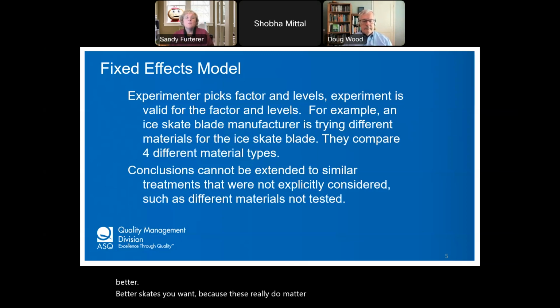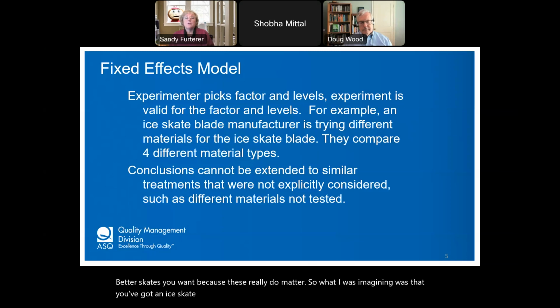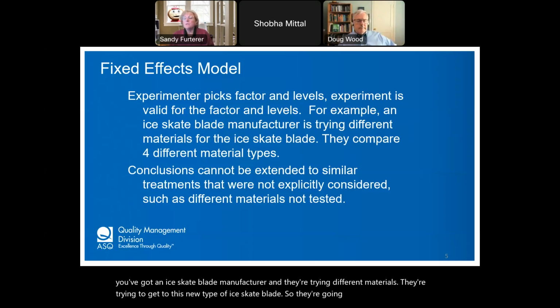So what I was imagining was that you've got an ice skate blade manufacturer and they're trying different materials. They're trying to get to this new type of ice skate blade. So they're going to compare 4 different material types in this ice skate. So you've got the factor as an ice skate with 4 different levels.